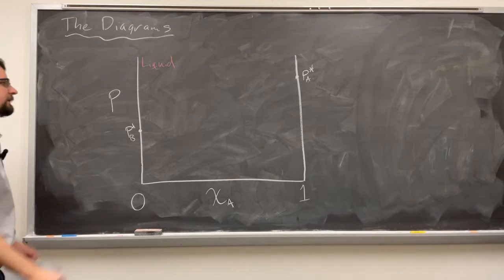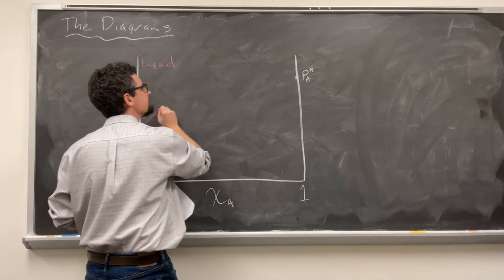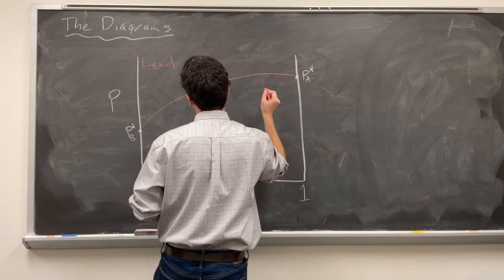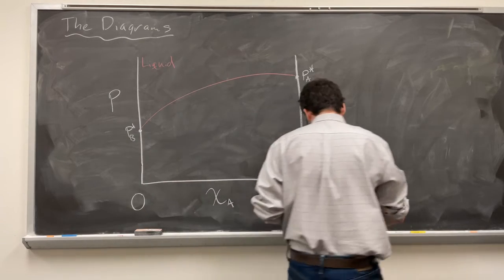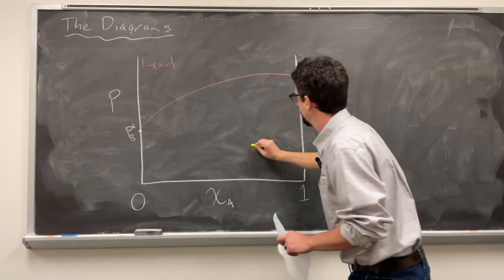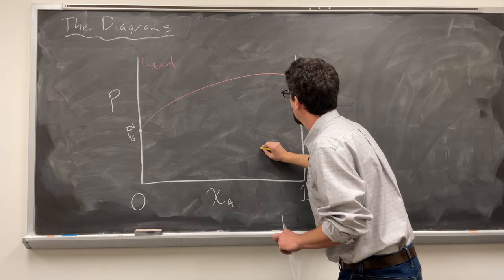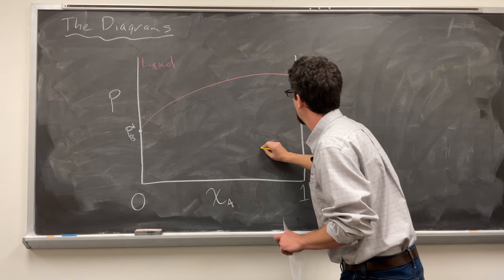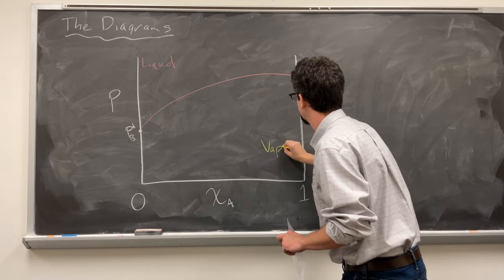What we're going to do next is draw the liquid line. Hopefully I pick a good point after that. And then I'll have the vapor line.